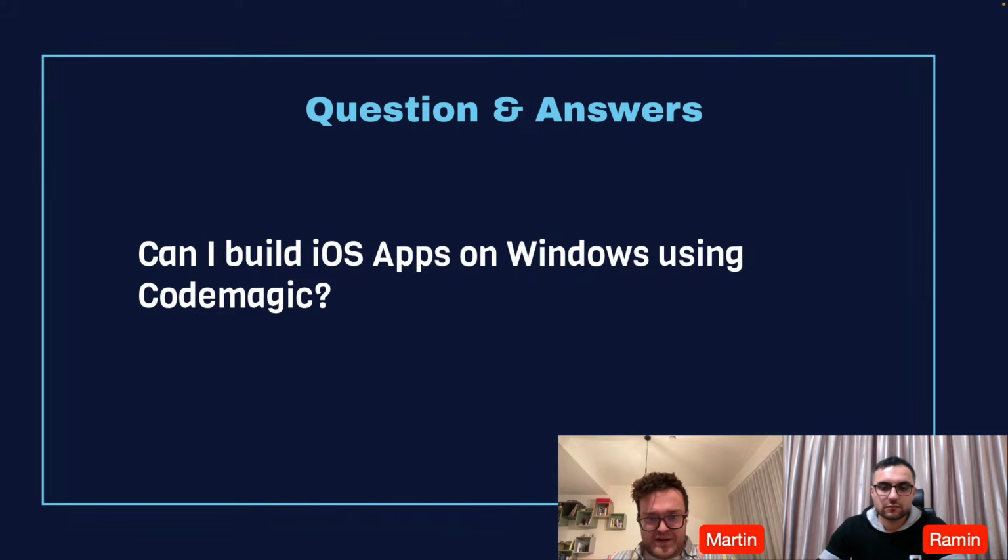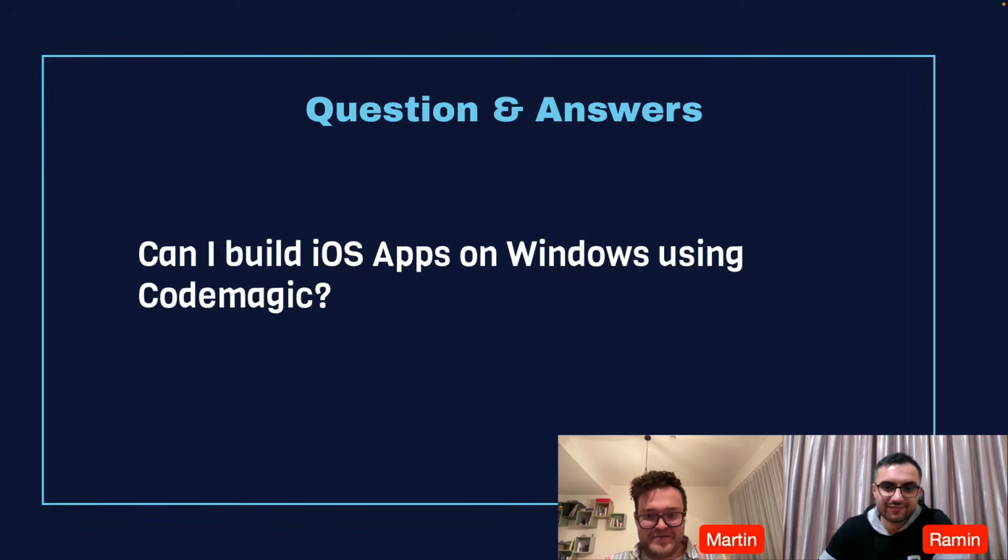But what does building mean? Building, in the way I see it, is that you are creating this IPA file or some macOS application executable. And this is possible. But then maybe the question becomes, should I do this or should I do that?